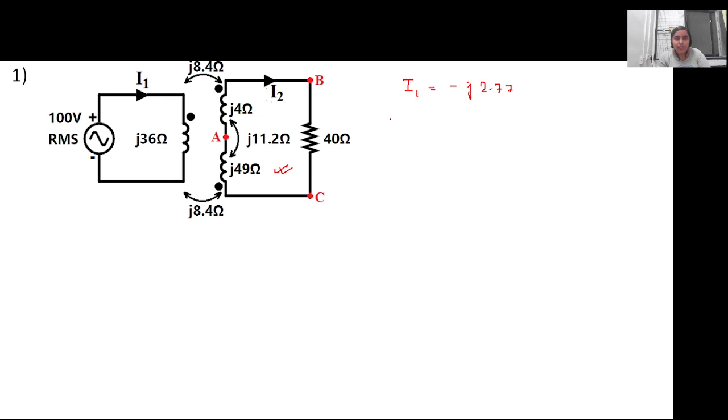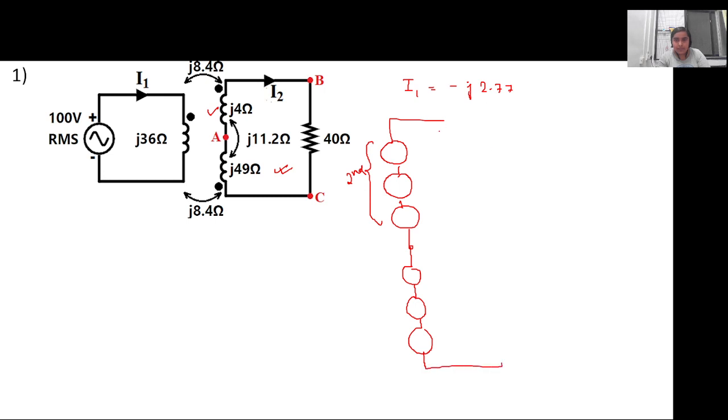Now for this loop, again you can draw the equivalent voltage circuit. This is for the second inductor, which is given here, and then this is for the third inductor, and there is a resistance connected, 40 ohm, and a current I2 is flowing like this. This point is A, this is B, and this is C.